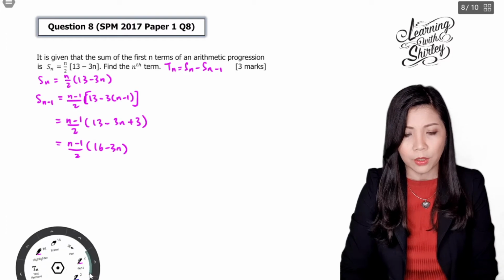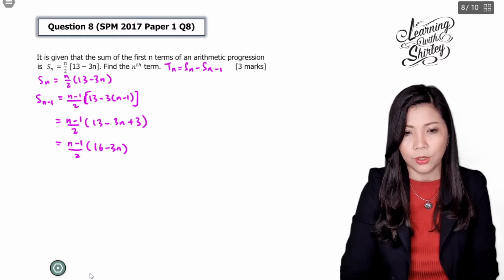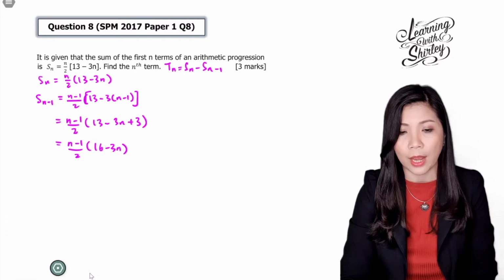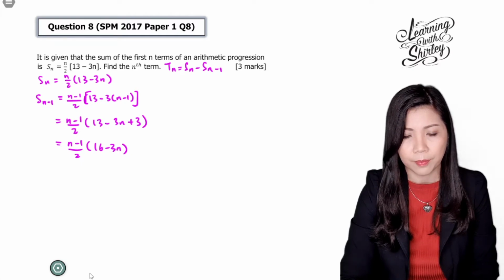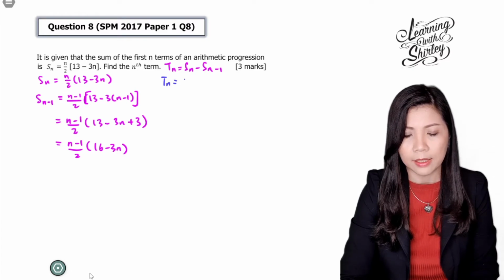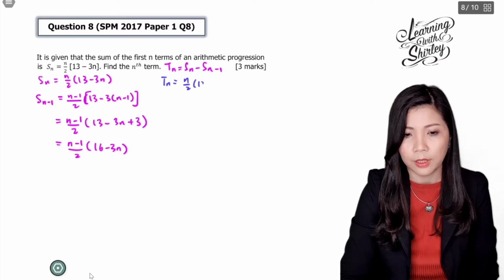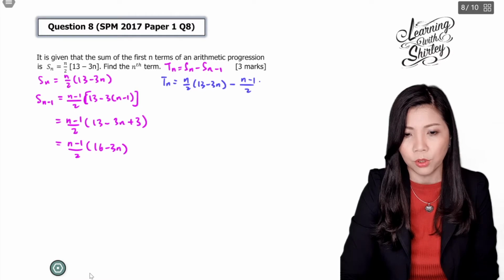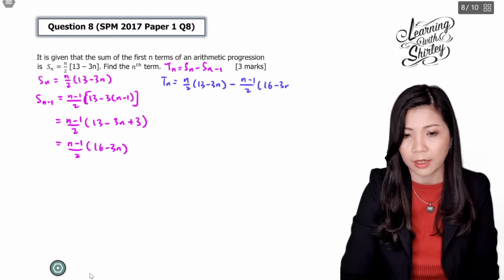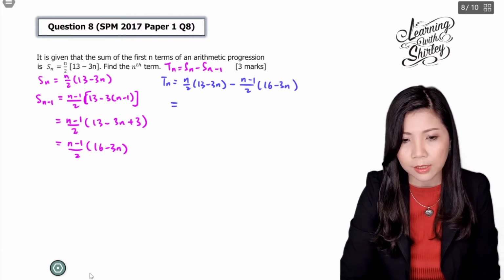Next we're going to substitute into this formula, Tn equals Sn minus Sn minus 1. So Tn is equal to Sn, which is n over 2 of 13 minus 3n, and then minus n minus 1 over 2 of 16 minus 3n. Let's solve this.